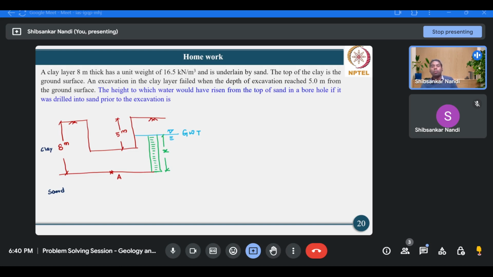So similar to the previous problem, you have to first equate this sigma A prime equals to 0, and you know how to calculate this sigma A prime.